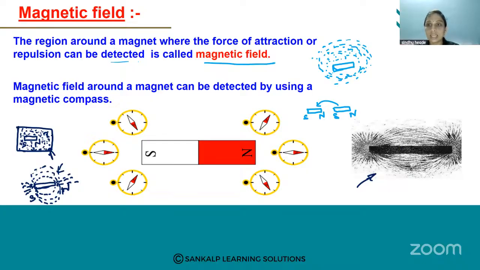We know that a magnet attracts iron particles, right? So that's why all this iron gets attracted near the magnet and gets arranged like this.